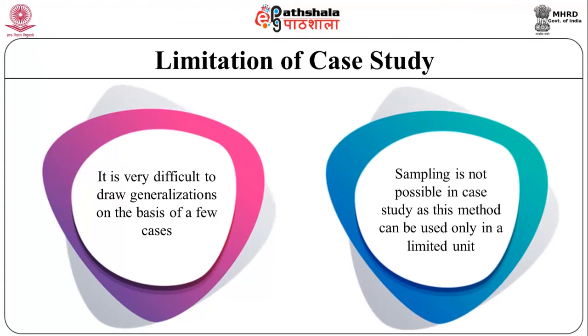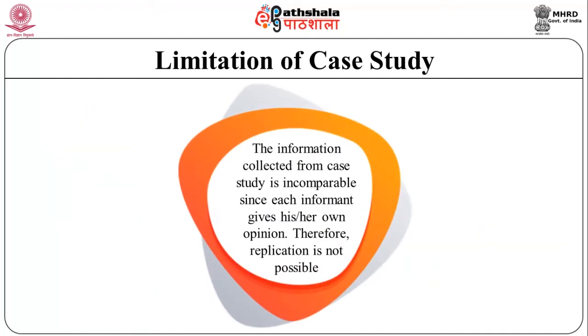Sampling is not possible in case studies as this method can be used only in a limited unit. Also, the information collected from case study is incomparable since each informant gives his or her own opinion. Therefore, replication is not possible.